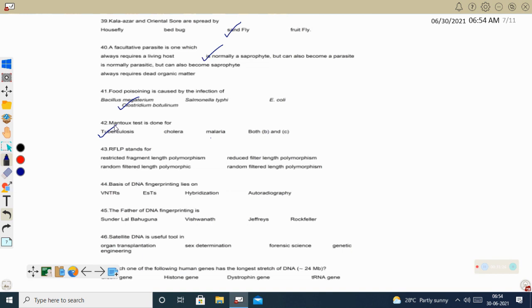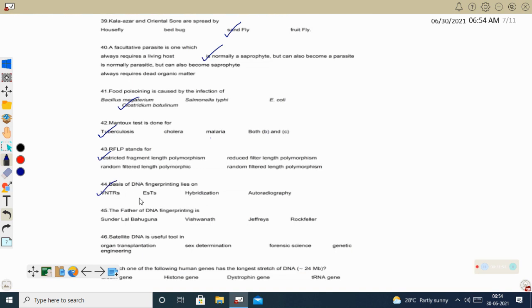Next one, RFLP stands for restriction fragment length polymorphism. This is applied in the case of DNA fingerprinting. And next question, the basis of DNA fingerprinting lies on variable number tandem repeats, VNTRs.